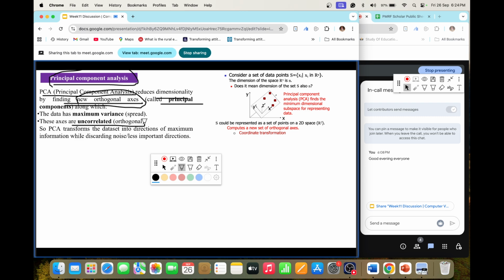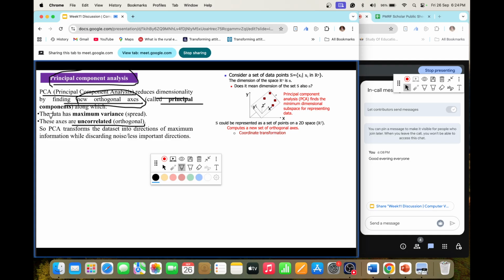The axes x, y, z that we are using are uncorrelated, meaning x does not have any relation to y. In the mathematical sense, the x vector dot y vector is equal to 0, or the x vector dot z vector is equal to 0. That is orthogonality: these axes do not have any correlation with each other.